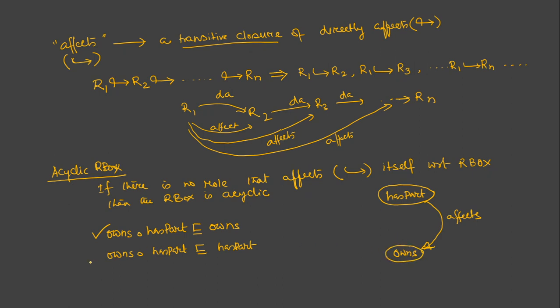And from the second relation we can say that wants directly affects has part, or affects has part. And you see we have a cycle here. So this is not a cycle.